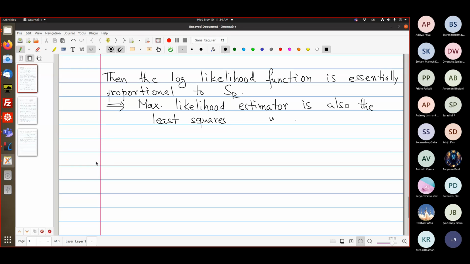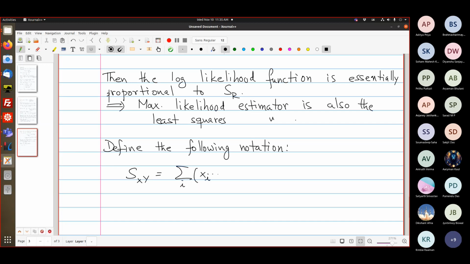So right now I'm going to move towards the questions of hypothesis testing. For that, it will be convenient to define some notation. Let me call Sxy to be the sum over i of (xi minus x bar) times (yi minus y bar).